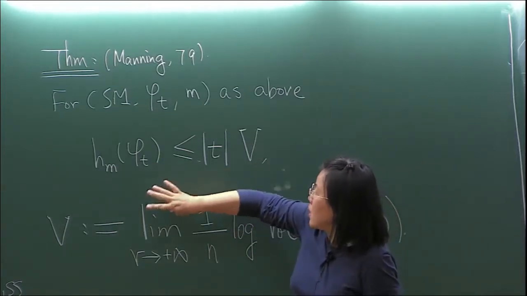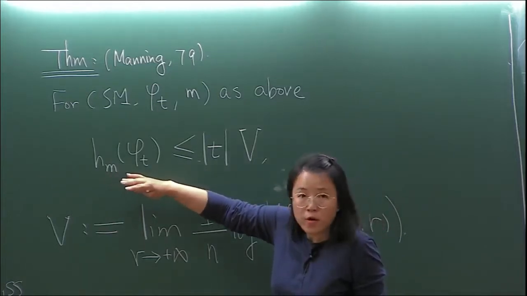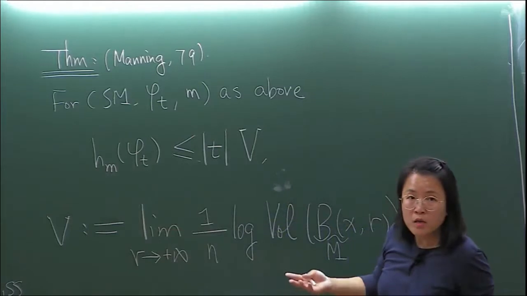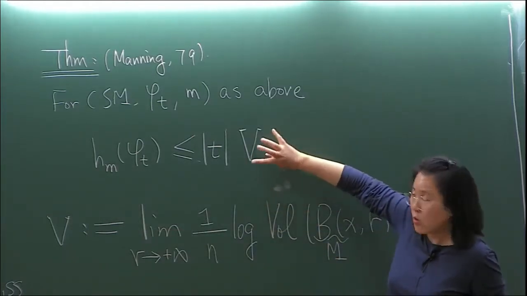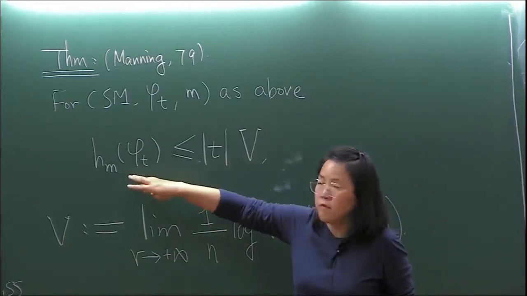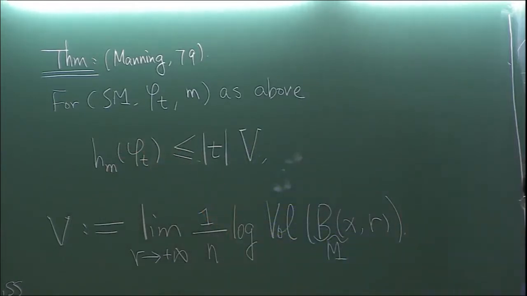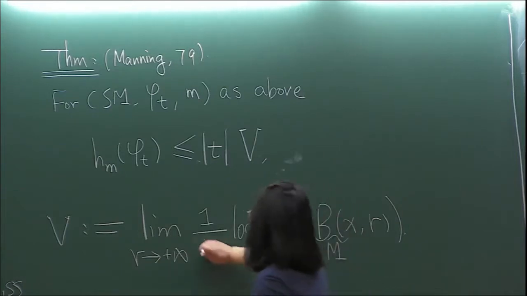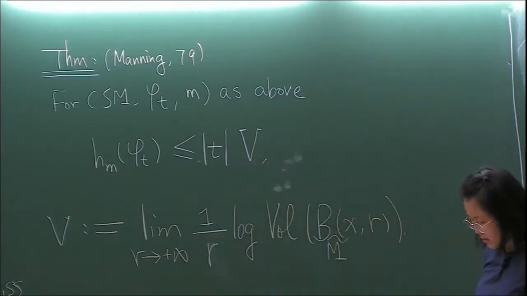So this inequality just says the measure theoretical entropy should be bounded by the maximum one, because topological entropy is the maximum among all the invariant probability measures of this flow.